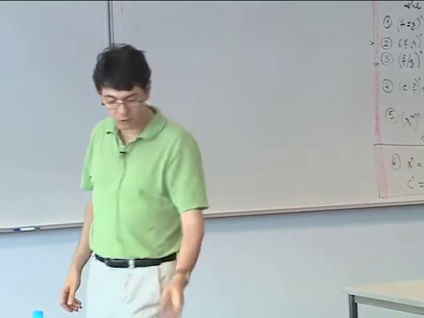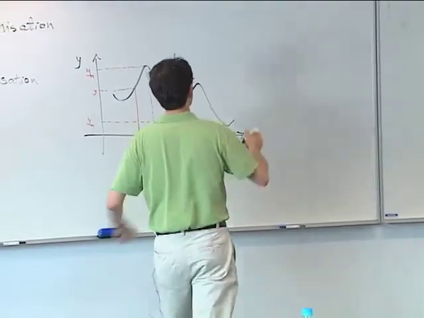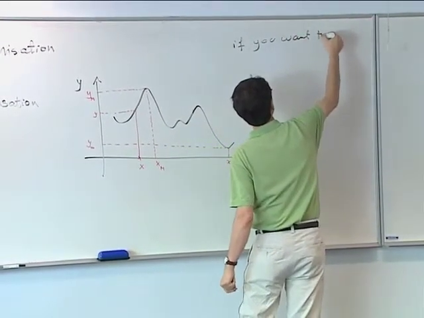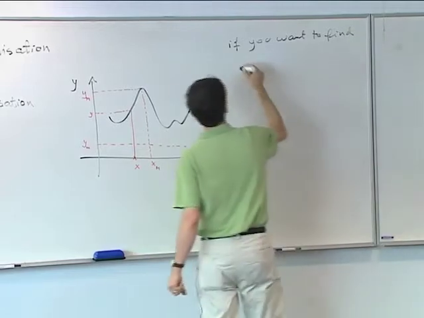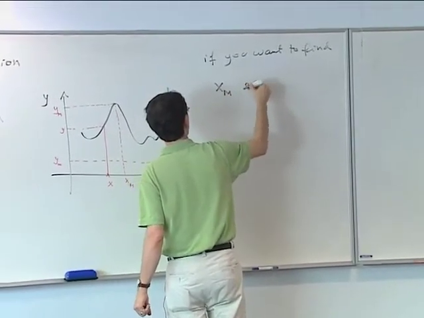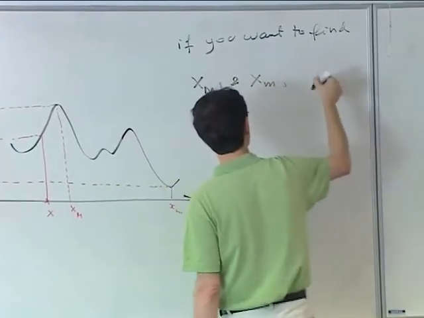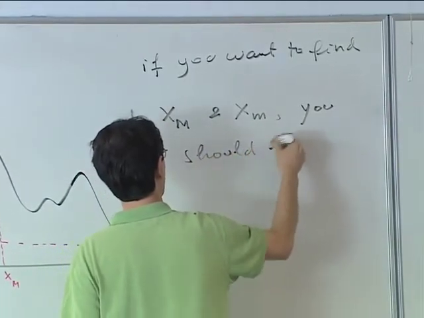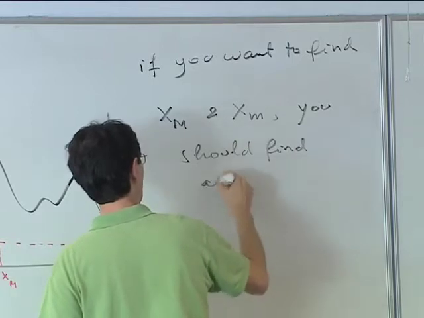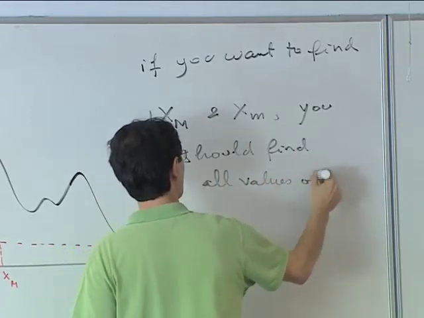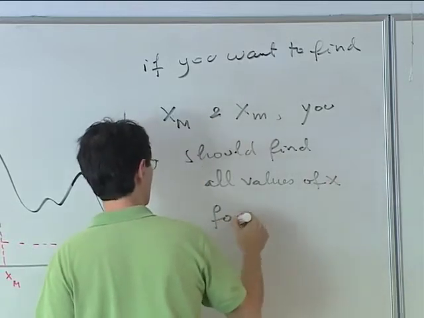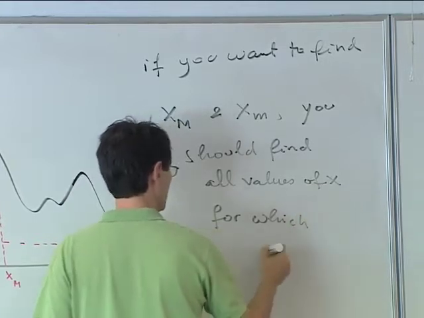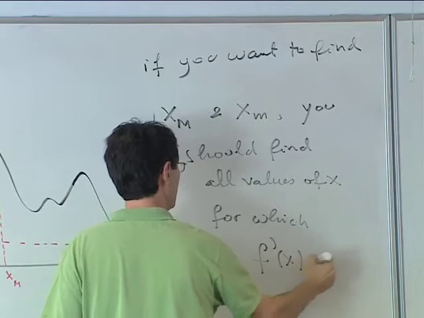All right? So if you want to find xM and xm, you should find all values of x for which the slope is 0.